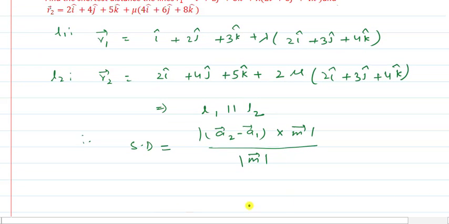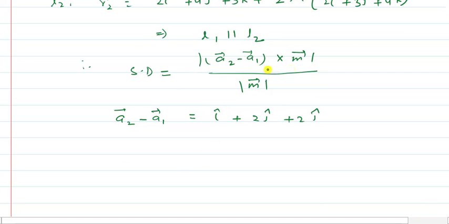So let us calculate A2 minus A1. A2 minus A1 is equal to i cap plus 2j cap plus 2k cap, and now we need to find the cross product with it.